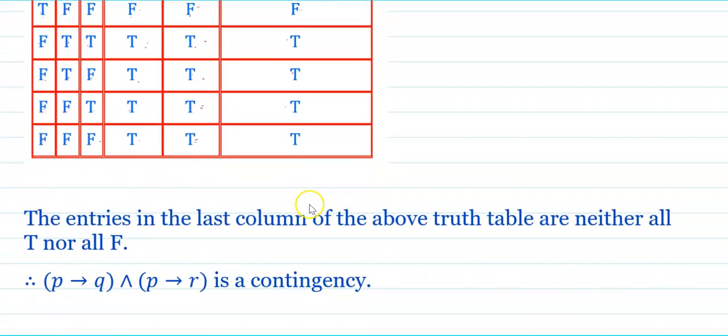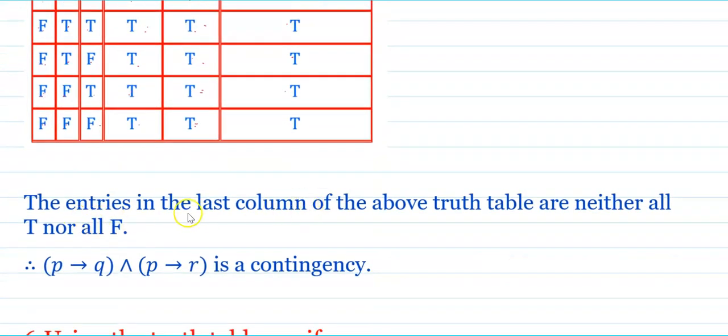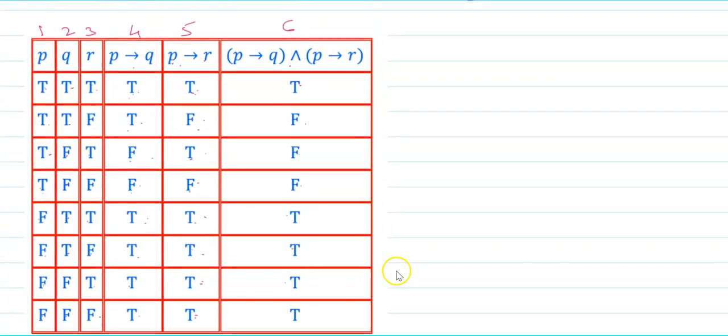All the entries in the last column are not all T, not all F, they are a mix, and therefore the entries in the last column of the above truth table are neither all T nor all F, and therefore it is a contingency. You can see that.